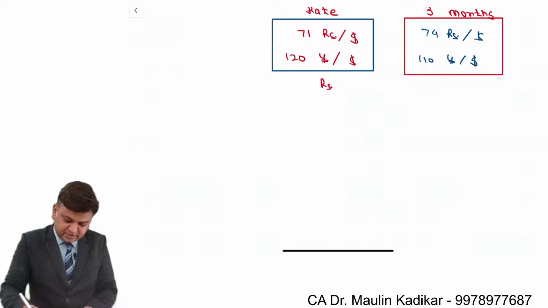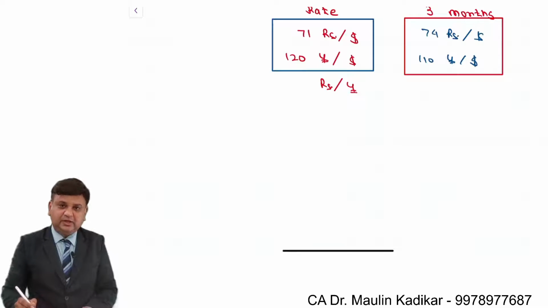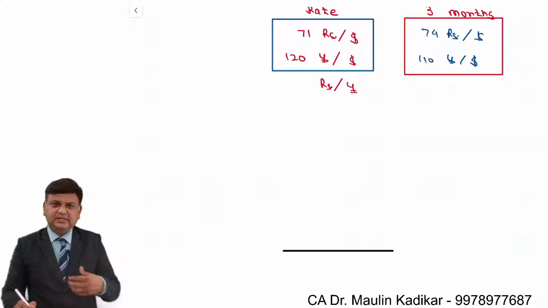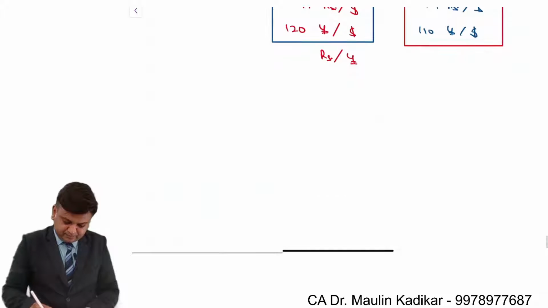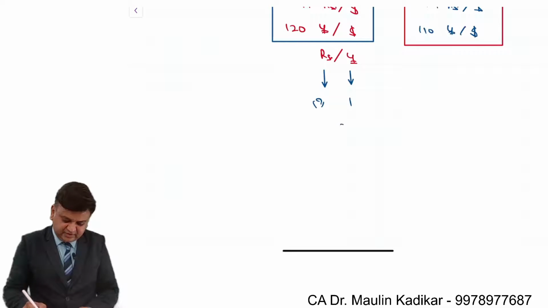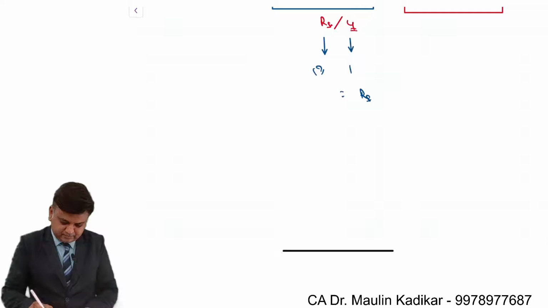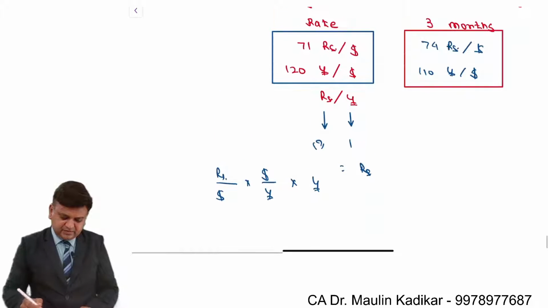So it is rupees per yen. After making this calculation, I explain you the concept of the question. We want to know the amount of rupees for every 1 yen. Against yen, dollar is given, and against dollar, rupee is given.